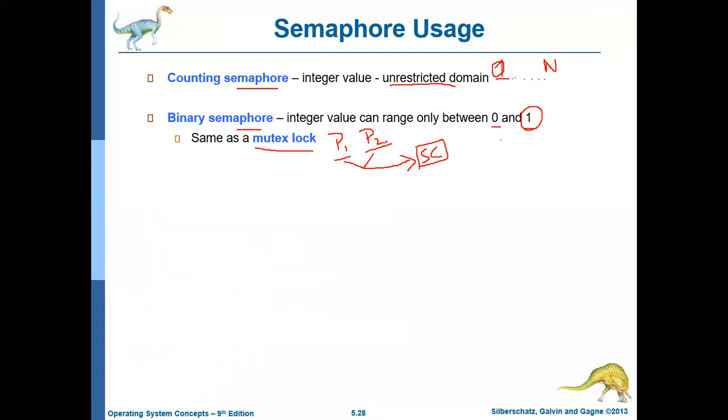Now if P1 takes the resource, then this semaphore value will be decremented by 1. Initially it was 1, and after decrementing it will become 0.